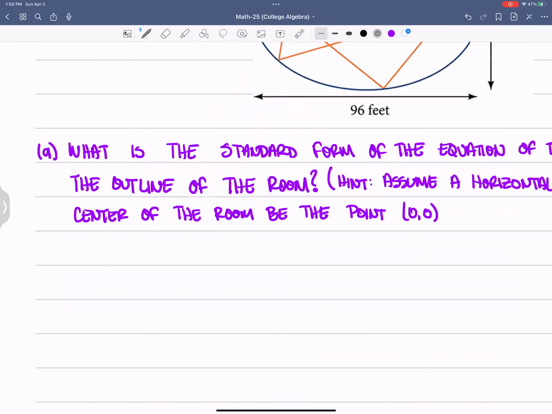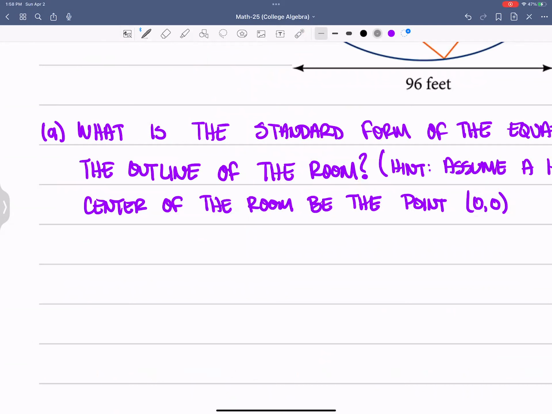So let's write standard form out just as is. x minus h squared over a squared, plus y minus k squared over b squared, equals 1.